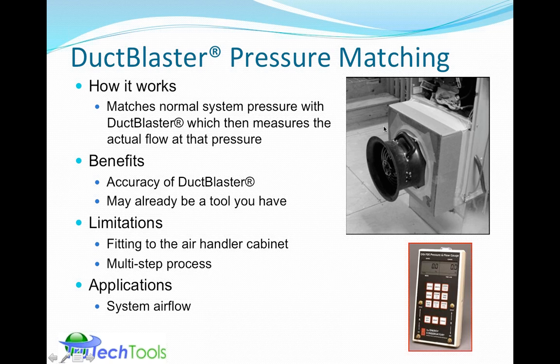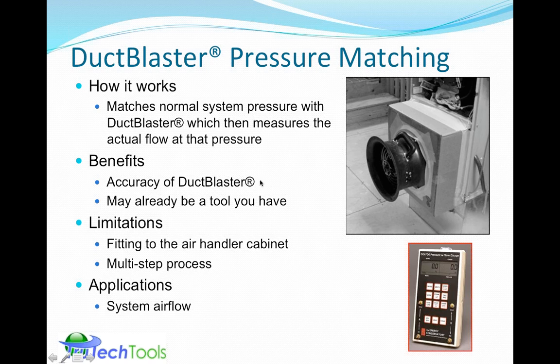But because the duct blaster is a calibrated fan, it can actually measure the airflow through it. So you run the system normally, you take a pressure measurement of your system, then you take the cover off and you match that pressure with the duct leakage tester, and then measure the airflow rate through the duct leakage tester.